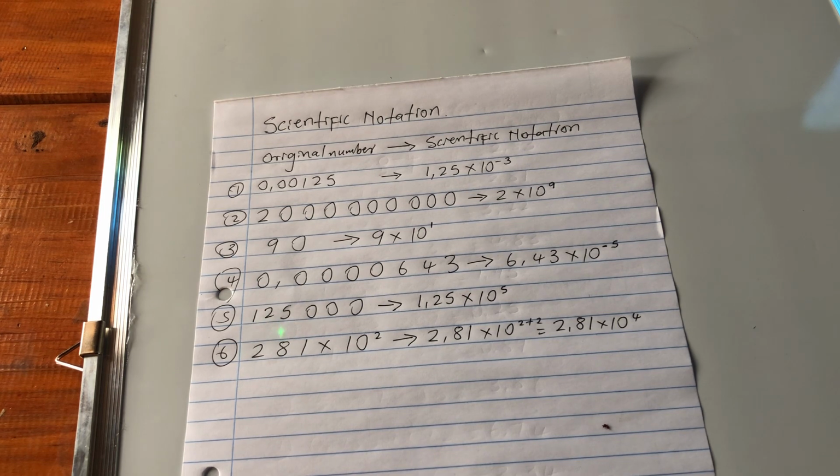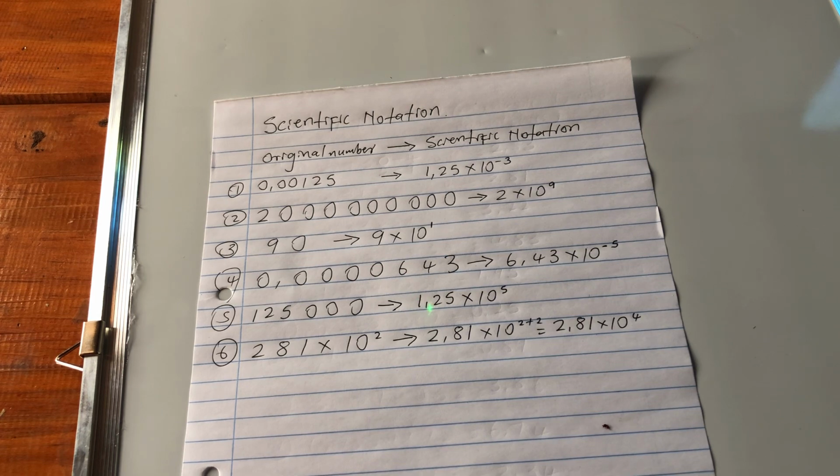Let's see what will happen in number 5. Where is this point? It is here. We're going to move it to the left. 1, 2, 3, 4, 5. I've put the comma between 1 and 2.